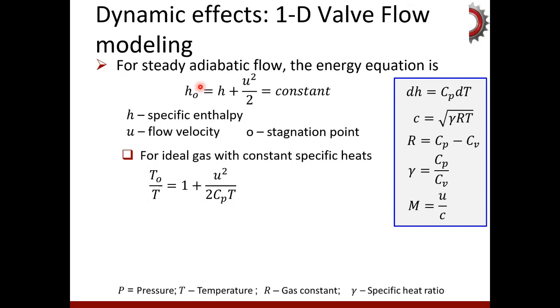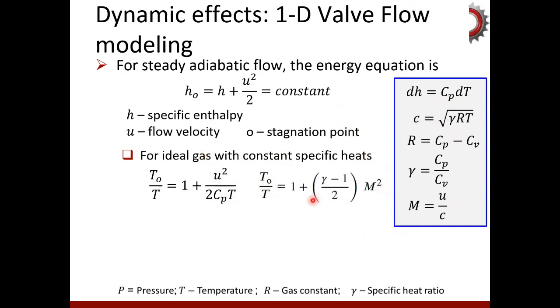And the Mach number is, of course, U over C. Now, if you get rid of this Cp and U using these relationships, then you can write down the temperature ratio, between a particular point on the downstream and a stagnant point in the upstream, something like this.